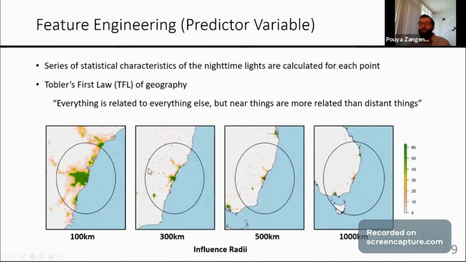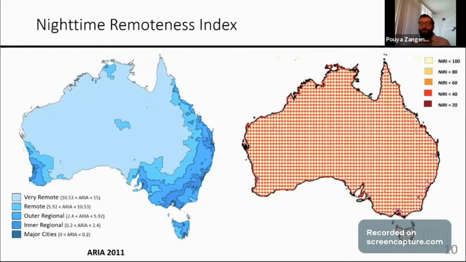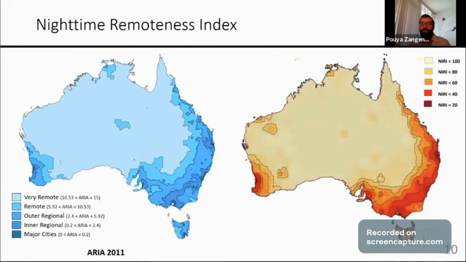So we got our features, and we got our target variable, which was the Australian remoteness index. Then we built the model, validated it, and eventually calculated our remoteness index on the validated model for the whole continent of Australia, which ended up matching the area quite well.